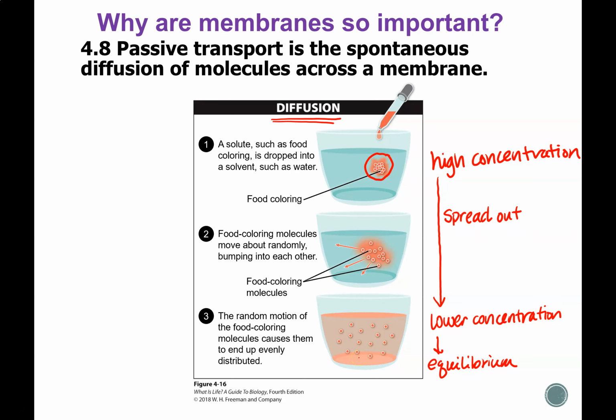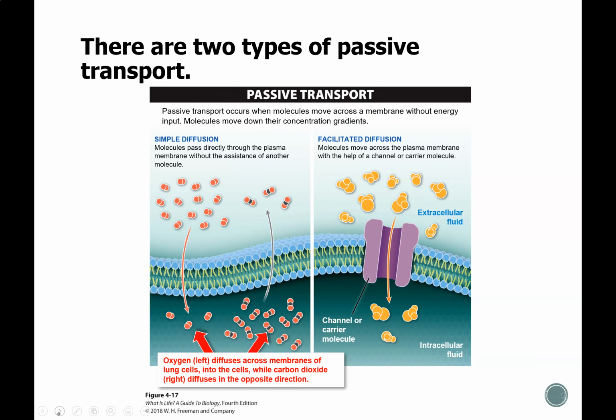So diffusion is any movement from high concentration to low concentration. Now, this is a passive event. It's going to happen without any input of energy, without any outside forces.